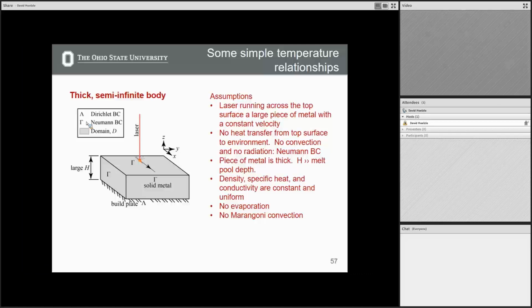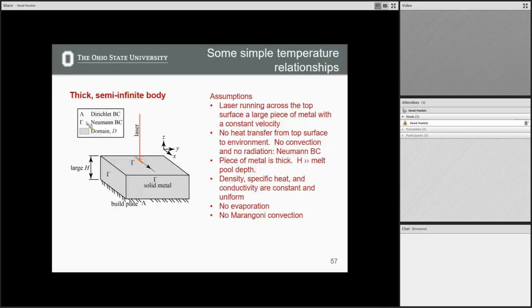Okay, so if we make all these simplifying assumptions, and we'll build from here, we're not talking about the actual process of powder bed fusion, which is converting powdered metal into metal. We're talking about a very simplified example where we have just a solid piece of metal and we're running a laser over top of it, and we're trying to understand the temperature profile.